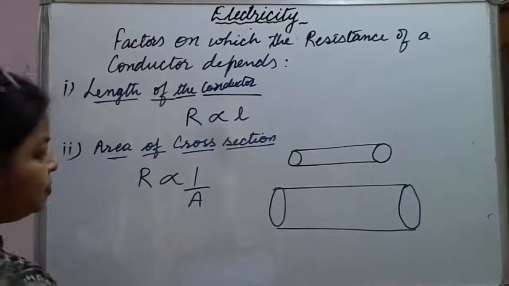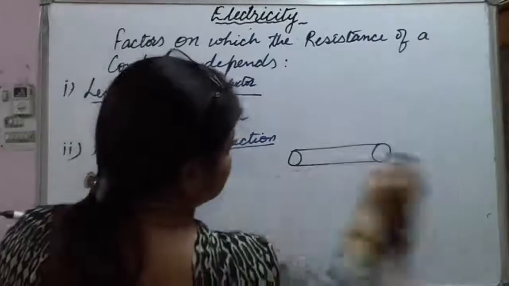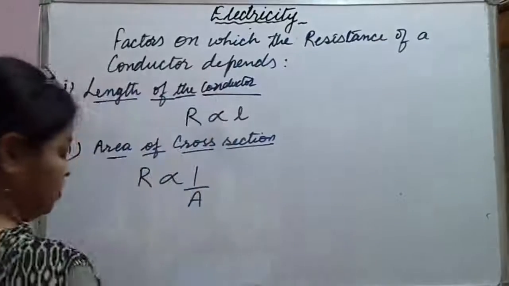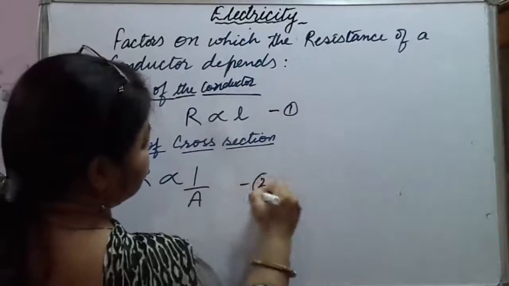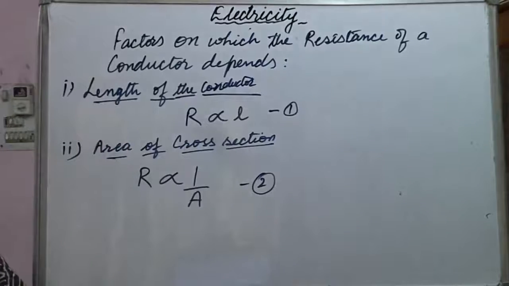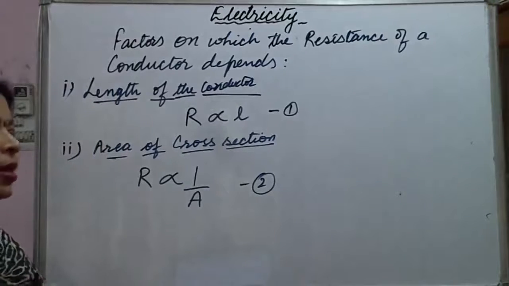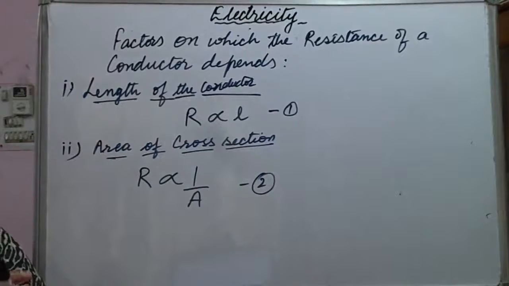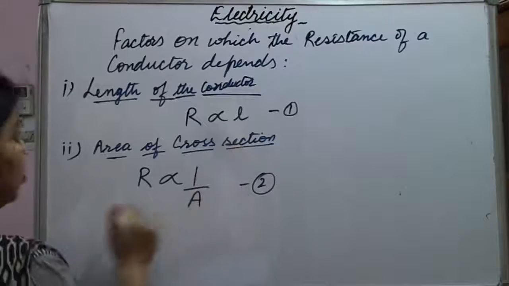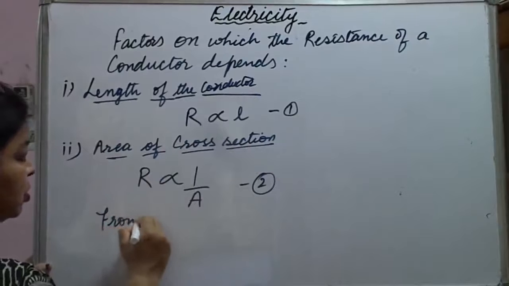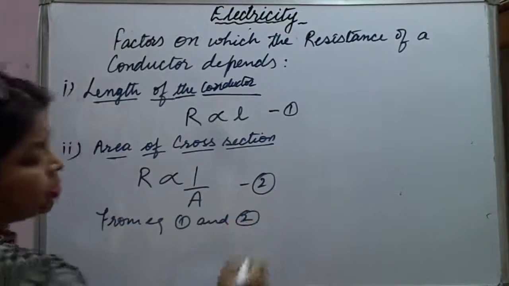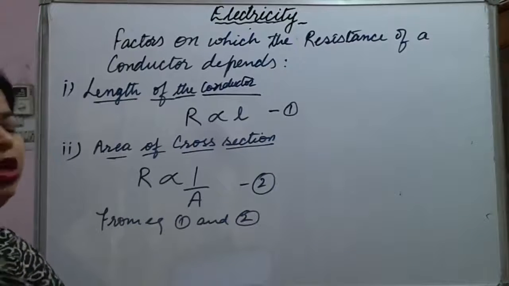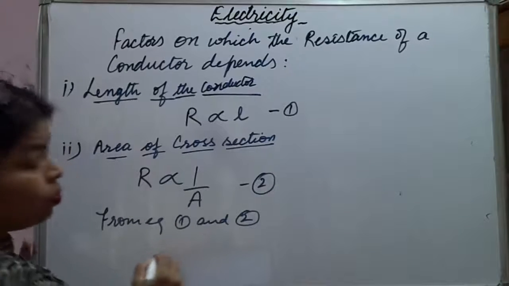Okay. Then let us take another factor. This is our equation 1 and let us take this 2. So from here we get a relation and that is known as resistivity. In this, from equation 1 and 2, we are going to compile them. So what will it become?